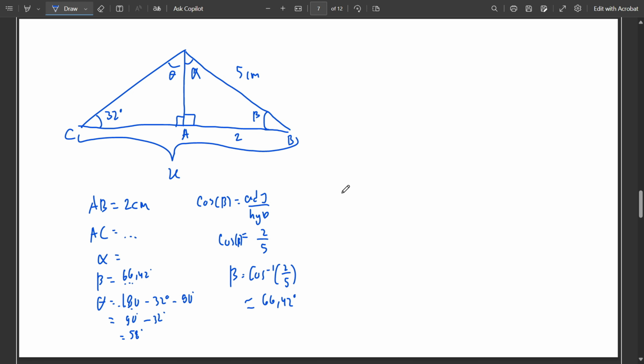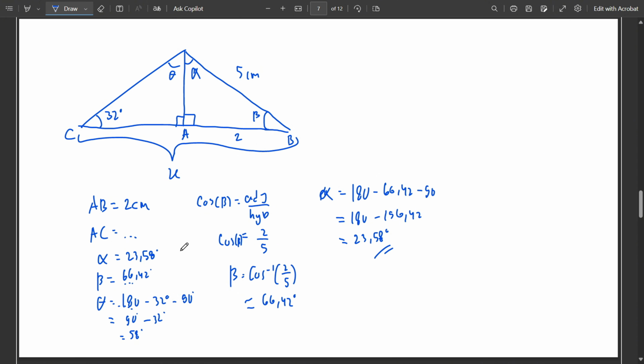So our alpha here must be 180 degrees minus 66.42 minus 90. 180 minus 156.42, well, 180 minus 156.42 is 23.58 degrees. That's our alpha, 23.58 degrees.